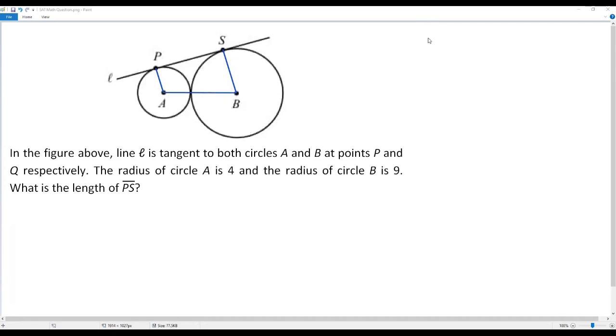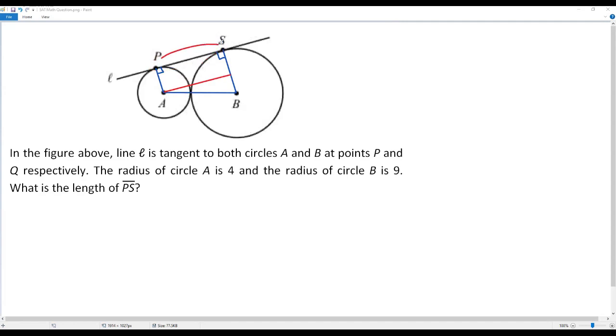At the point of tangency, always the angle between the radius of the circle and the tangent is a right angle. So here we have right angle and here we have right angle. Now let me draw a line segment that is parallel to the line segment PS. Let me draw it in red color. This red color line segment is parallel to this line segment PS.